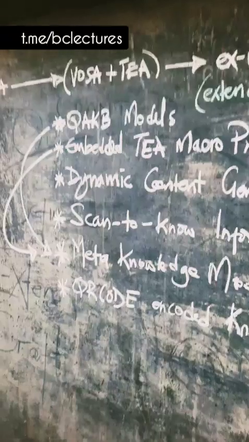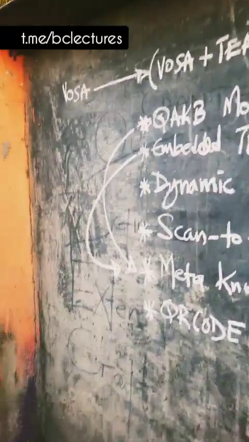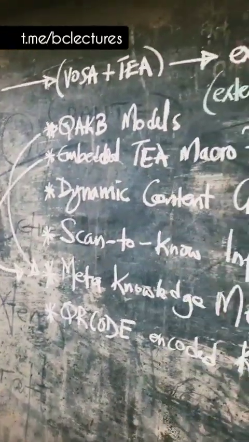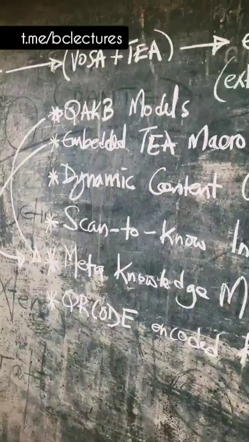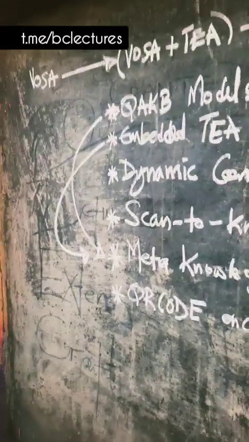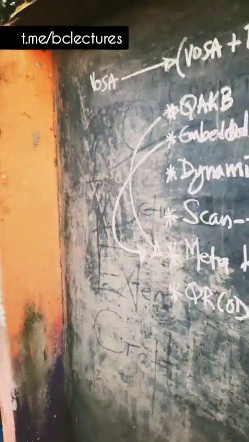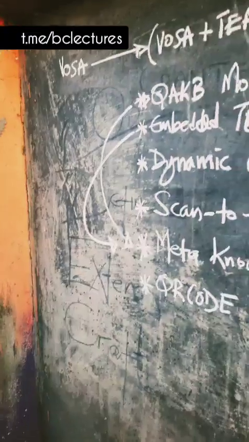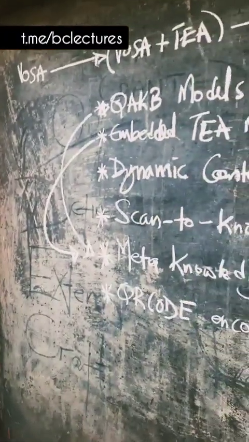For example, if you're a tourist and you have just arrived in a new location, you don't need to download a lot of information to ask a robot questions about where to go or where to find what services or information. You can just scan a QR code and the robot will know how to answer your questions concerning that very particular topic.